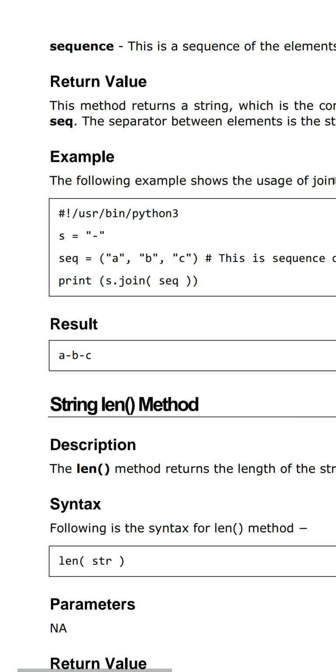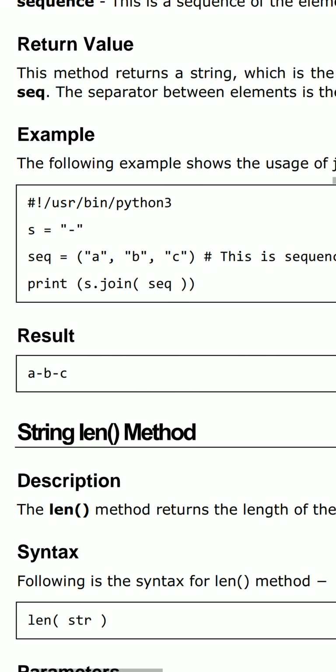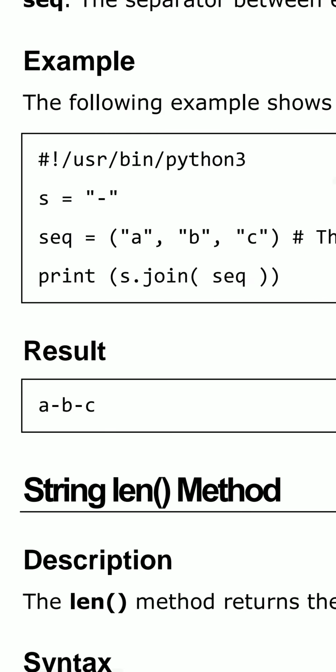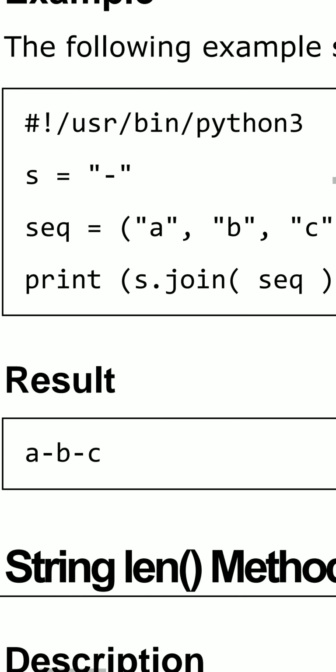Kindly observe this program. You can get an idea of what the string join method is. Here I have taken a string, an underscore, which is the separator.